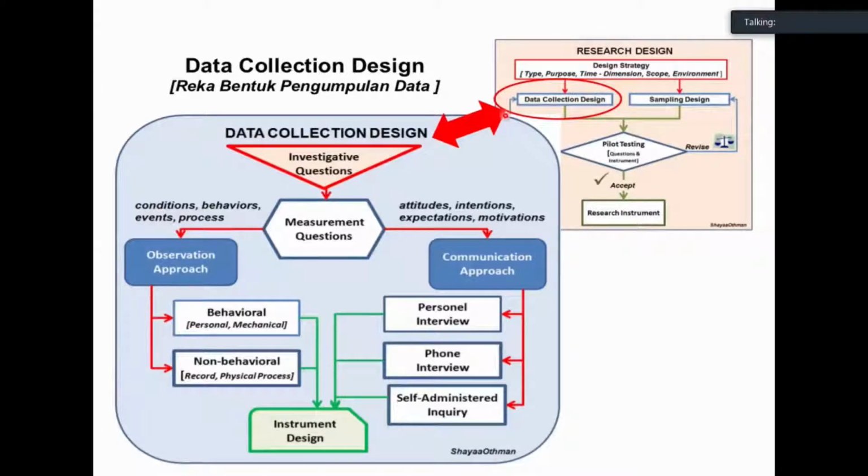Just as sampling design is important, collection design is very important as well. If you look at the type of measurement investigation question, there are two main areas: the observation approach and the communication approach. With the communication approach, we are able to do personal interviews, which are commonly practiced in both social research and industrial research.